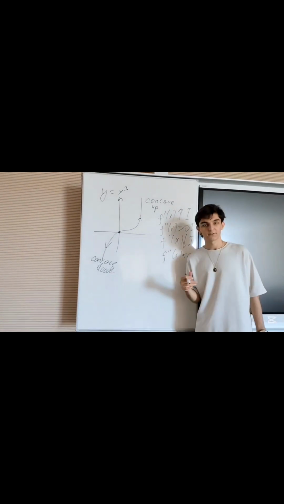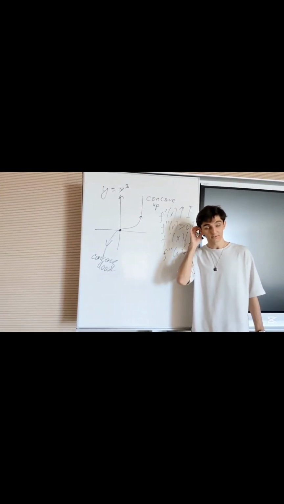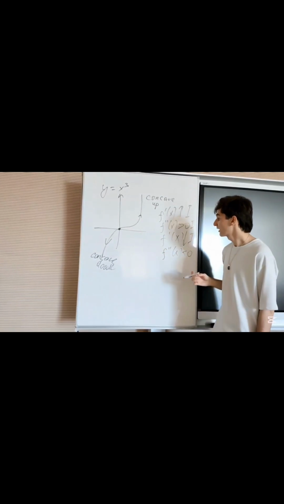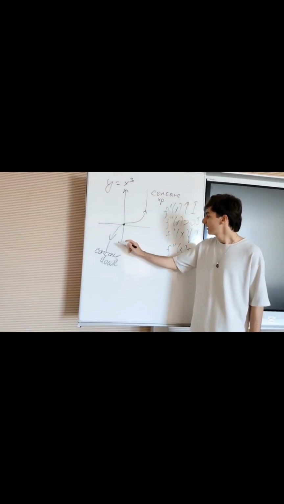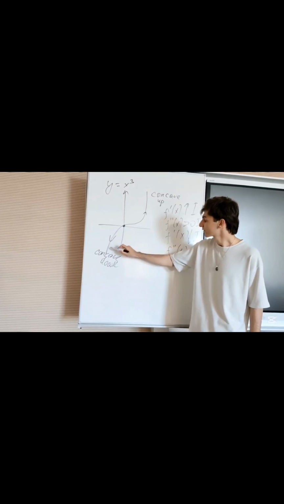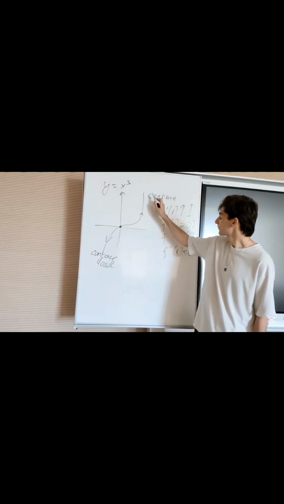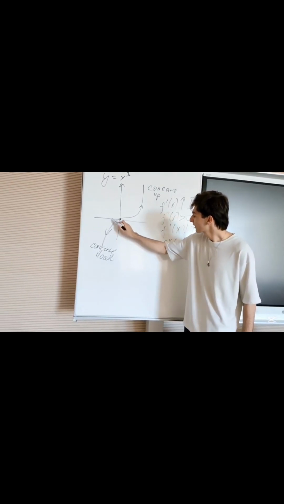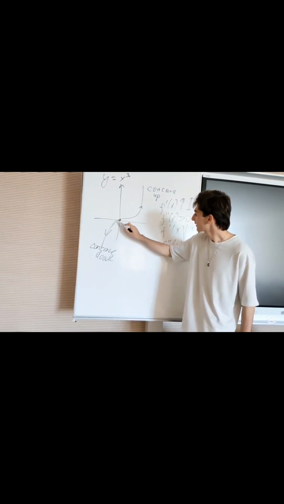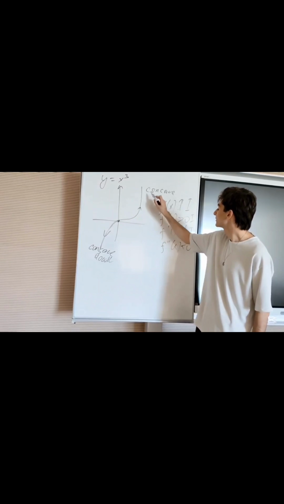Now, I would like to briefly touch on the point of inflection, because at the point of inflection our concavity changes sign. Visually, at some point our graph is pointing downwards, and then it's pointing upwards. To the left of this point it's concave down, and the right side is concave up.